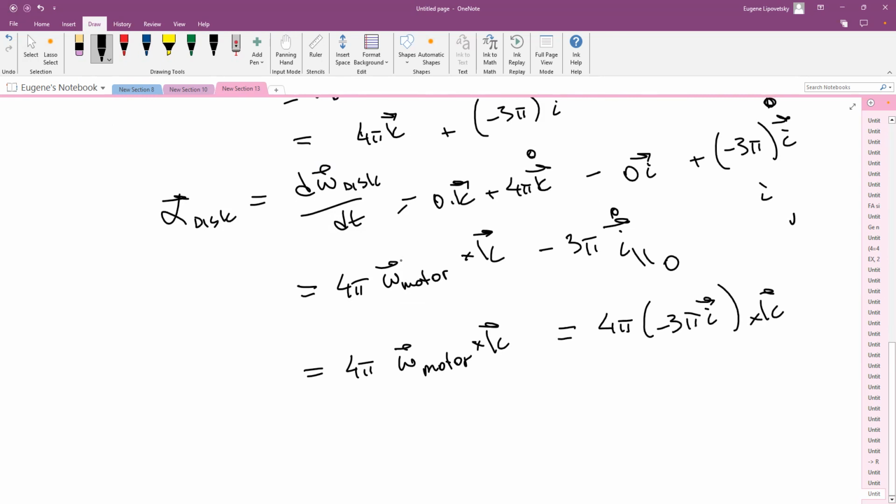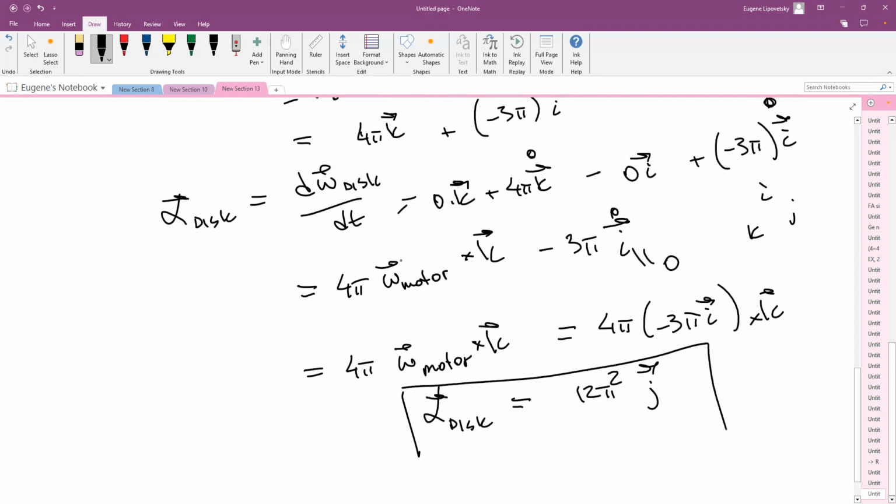Now I cross k will be minus j. That's going to be 12 pi squared times j. That's the alpha of the disk, the angular acceleration of the disk.